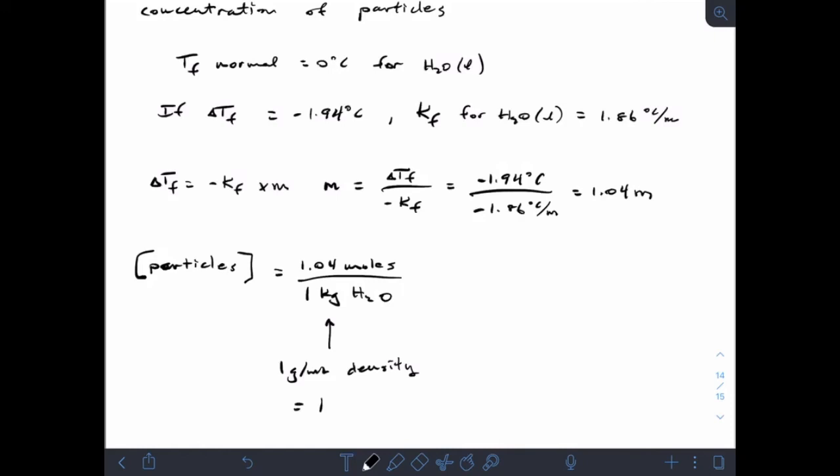So 1 kilogram of water also equals 1 liter of water. Okay? So if I just take my molality and do a little one-to-one conversion, that means I also have 1.04 molar particles, molarity.